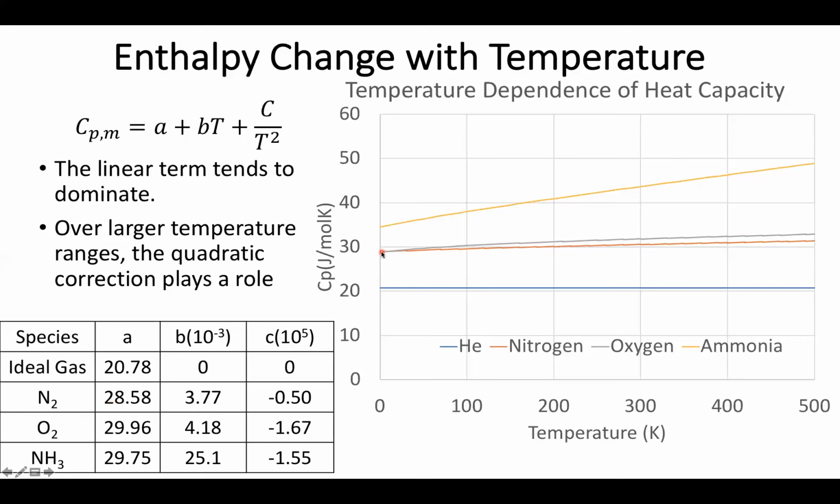So nitrogen is going to have a less significant temperature correction because it has these less severe IMF interactions and has a smaller size, which is going to again reflect in requiring a little bit less energy to make it go faster. And so we see this with its lower heat capacity as I go to higher temperatures.